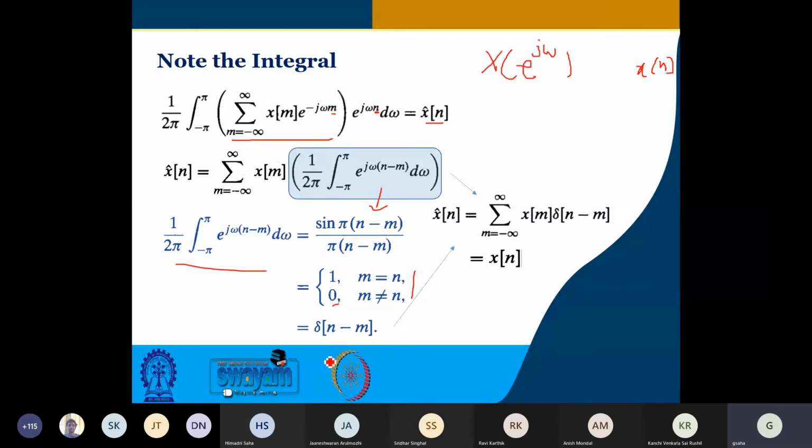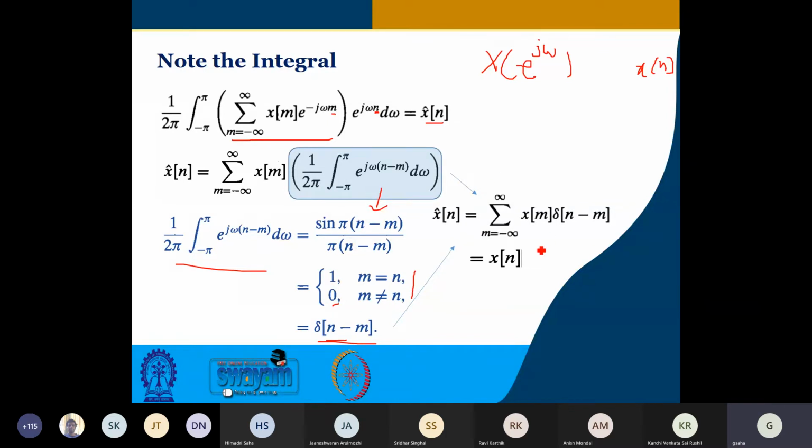So this can be written as delta(n minus m). That means whenever n is equal to m, this is 1, and at the rest of the places it is 0. That is how you have defined delta n and its different variations. Now this delta(n minus m) I can write in this equation over here, combining equation 1 and equation 2.